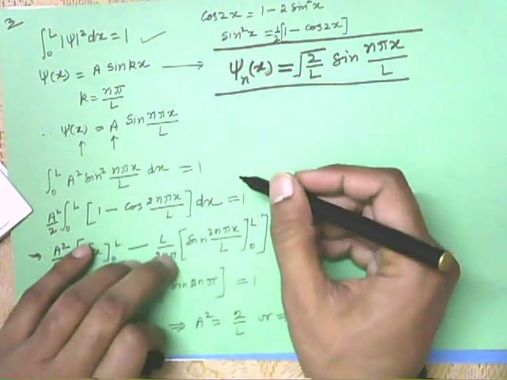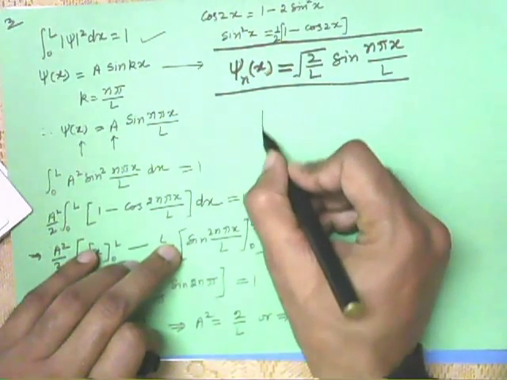So the first three normalized wave functions we can plot here.